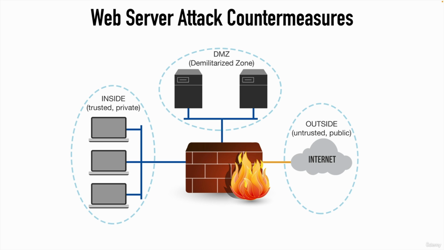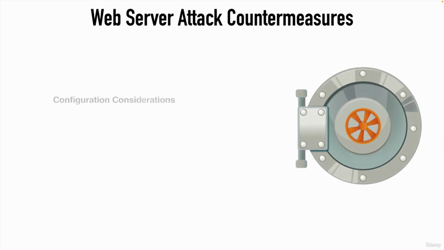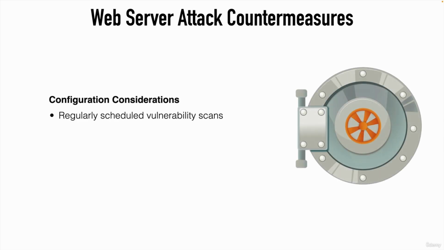So we can be more restrictive with the DMZ. So good network design is critical for web server safety. That's the building block of web server countermeasures. Patching and updating is also a big consideration, as it is with all of our critical infrastructure. So let's talk about some general considerations for the configuration of a web server.